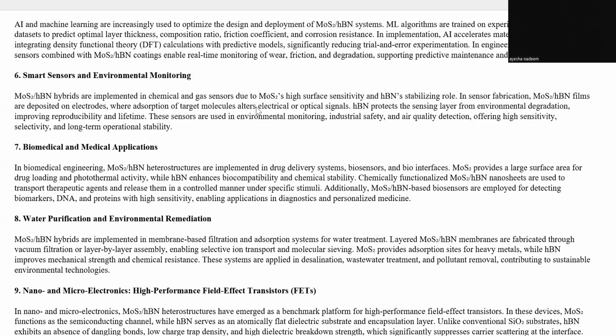Chemically functionalized molybdenum disulfide and hexagonal boron nitride nanosheets are used to transport therapeutic agents and release them in a controlled manner under specific stimuli. Additionally, molybdenum disulfide and hexagonal boron nitride based biosensors are employed for detecting biomarkers, DNA, and proteins with high sensitivity, enabling applications in diagnostics and personalized medicine.